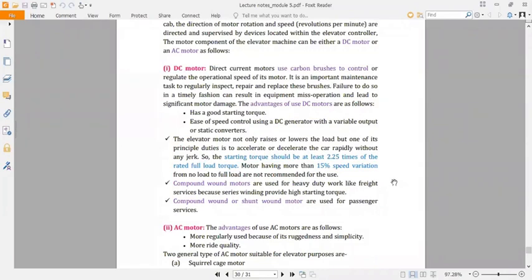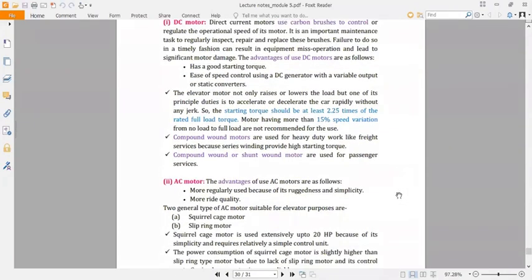So first I will look at the DC motor. Why are we using a DC motor? What are the advantages of using this DC motor in this elevator system? Because the DC motor has a good starting torque.